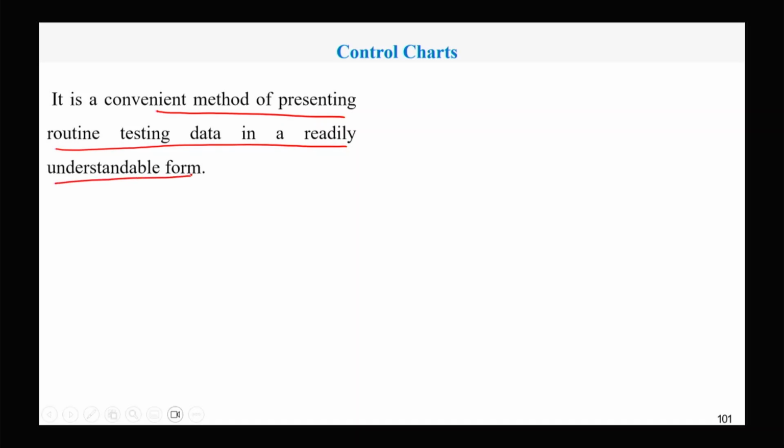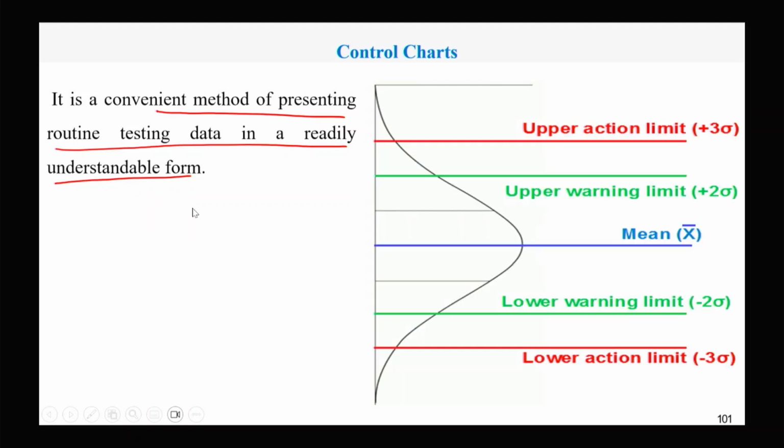Analyzing and calculating the data, t-test and all this are important for in-depth analysis, but for day-to-day understanding of the variability, the control chart plays an important role.